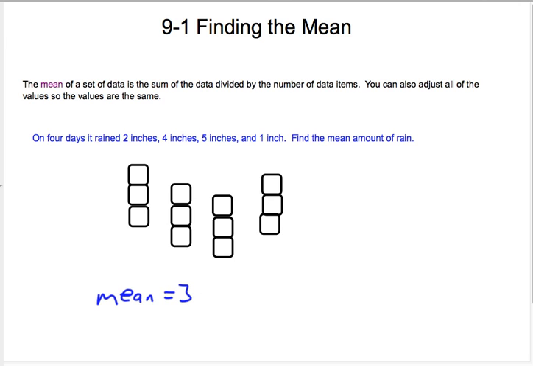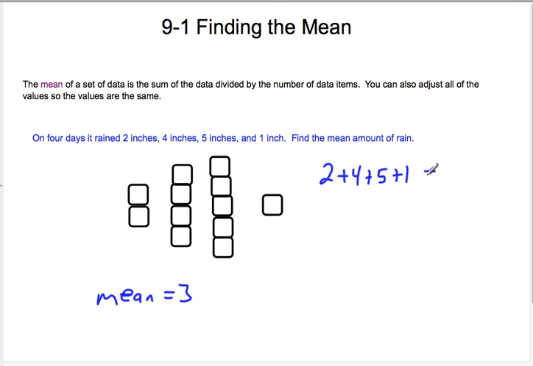Okay, let me put that back the way it was to show you that it will also work the traditional or standard way, which is the sum, which means addition, of all the data divided by the number of data items. So there's a 2, a 4, a 5, and a 1. If you sum all of those up, 2 plus 4 plus 5 plus 1, you get 6, 11, 12.